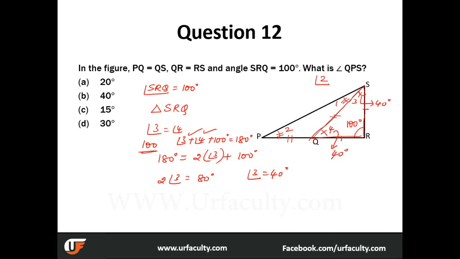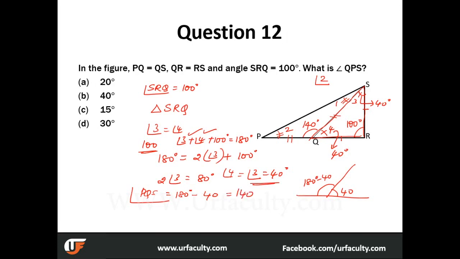Okay, if this angle is 40 degrees, let's look at a concept called linear pair. What is a linear pair? The sum of all the angles on a line is 180 degrees. So if this angle is 40 degrees, this angle will be 180 minus 40, which is 140 degrees. So angle PQS is equal to 180 minus 40, which is 140 degrees.